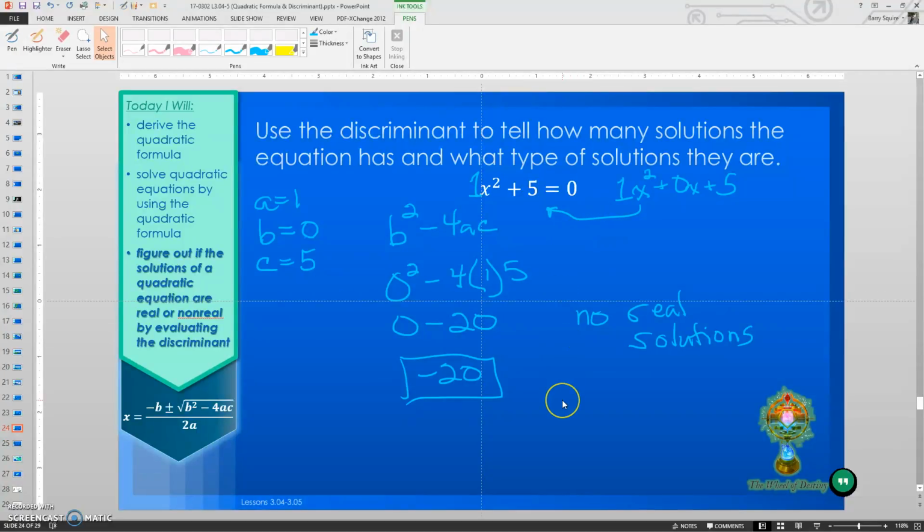So the discriminant is part of the quadratic formula. Quadratic formula being x equals negative b plus or minus the square root of b squared minus 4ac all over 2a. So it's the stuff under the radical. And the radical seems really important. And it is, because it is that discriminant. I'm going to just do a little thing over here.